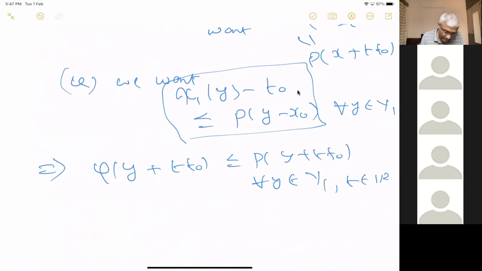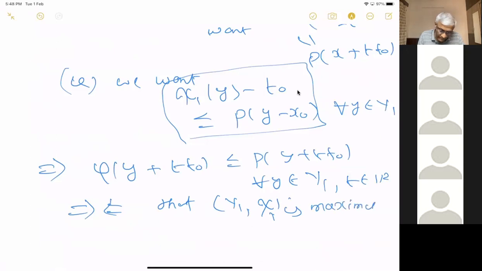Hence the claim. This is the symbol I use for contradiction. It contradicts that chi1 is maximal. So this implies y1 is equal to x, and we got the right element. So the theorem is proved.